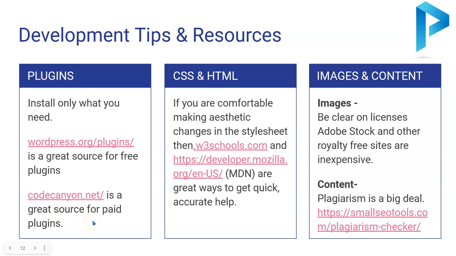CodeCanyon.net is a great place for paid ones. Whether it's paid or it's free, I strongly recommend that you look in the reviews. You look at the last time it was updated. Make sure it's compatible with the latest version of WordPress. If there are positive and negative reviews, look at how old they are, because they might have a lot of negative reviews for a bug they fixed.